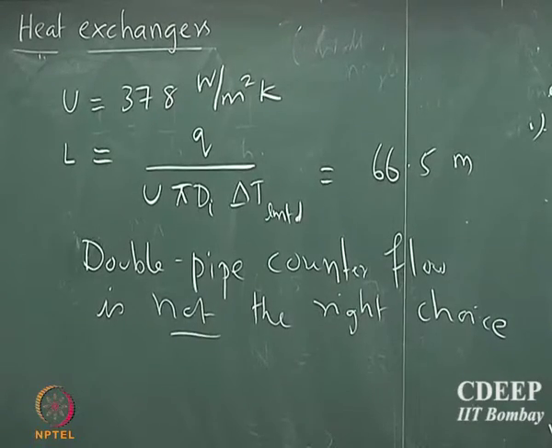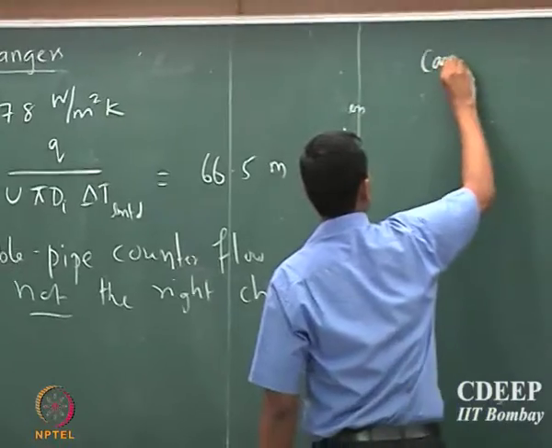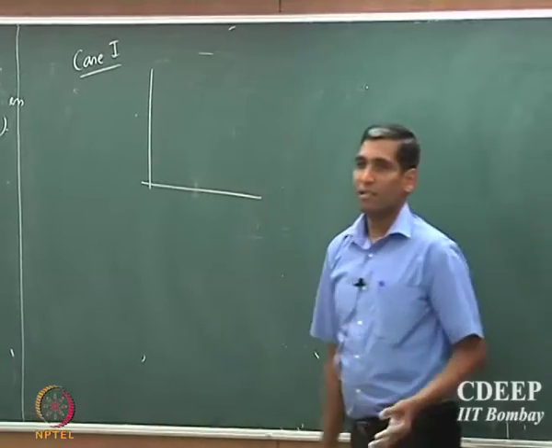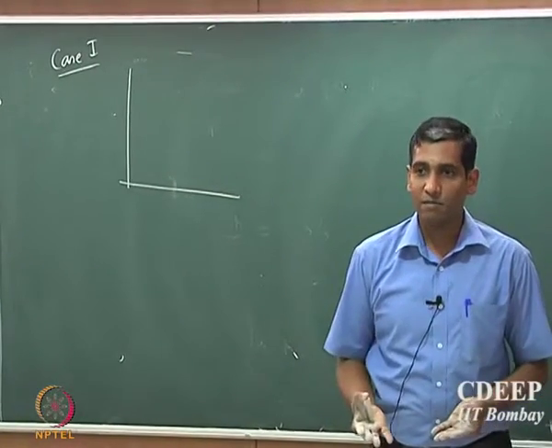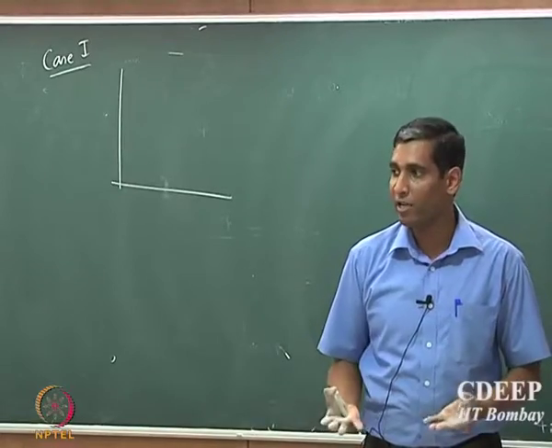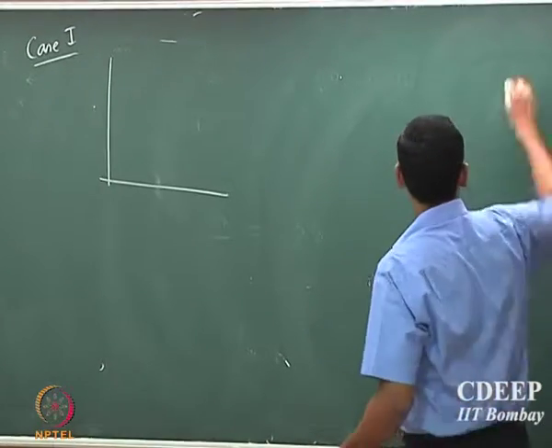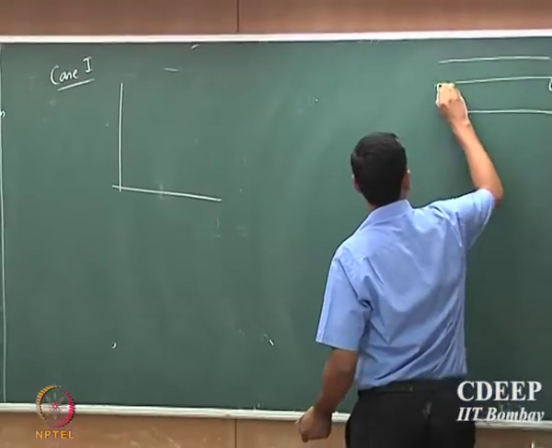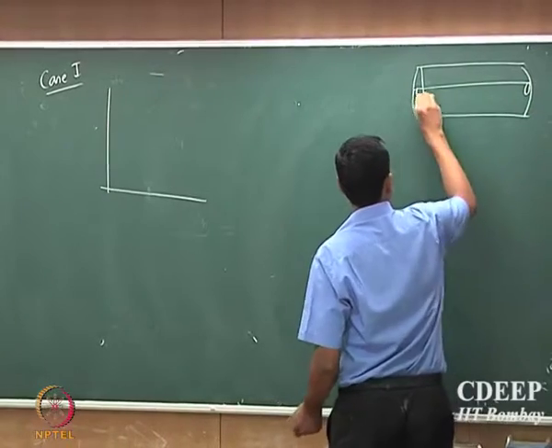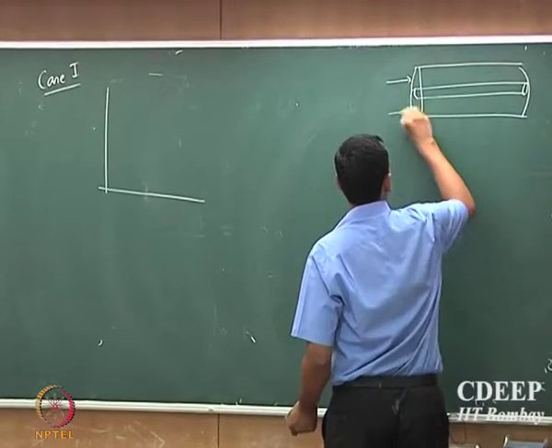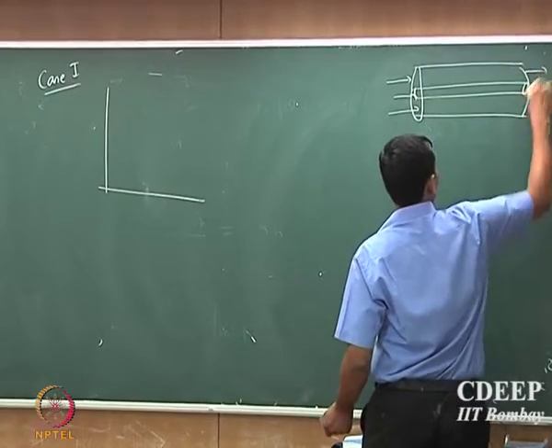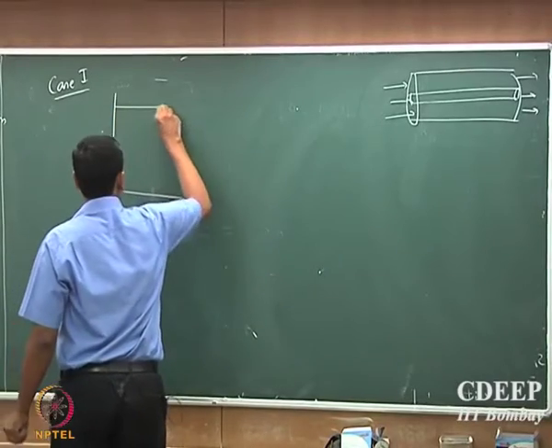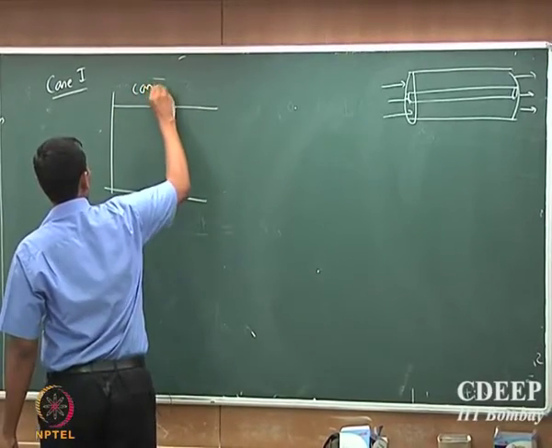Okay. The first case we will look at is where you have a condensing steam or condensing fluid in one of the chambers. If you have a double pipe heat exchanger, you have some fluid flowing through these two chambers, and you could have a hot fluid which is a condensing fluid.